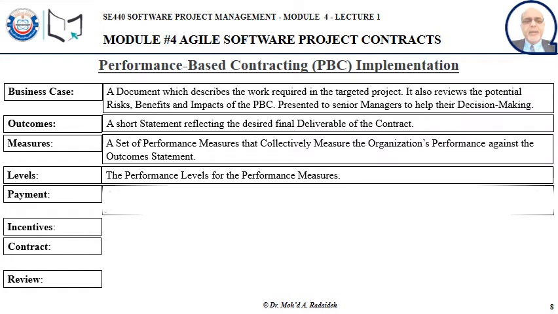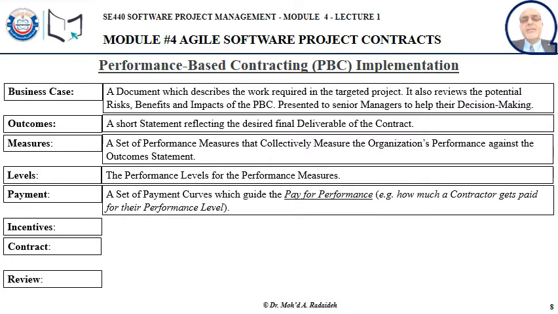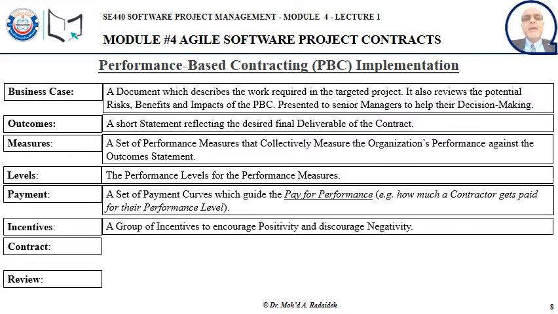Now, the payment is associated with the levels. We may say payment and incentives. For example, if they come up with exactly what we asked for, then we pay them what is said in the contract, the basic or original payment value. If they come up with something less, anywhere between 80% but less than 100%, then we will pay them 80%.